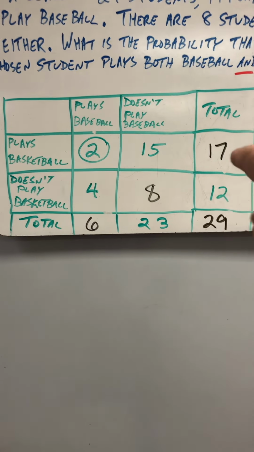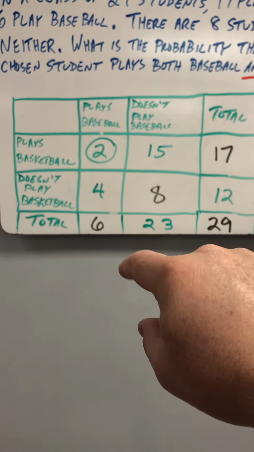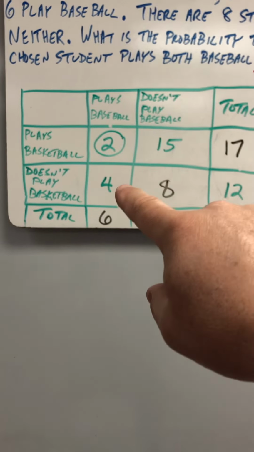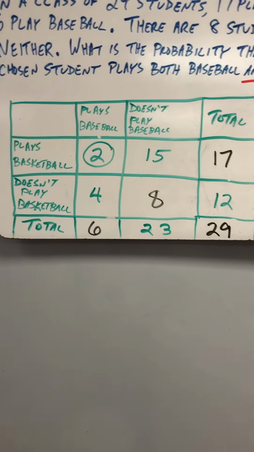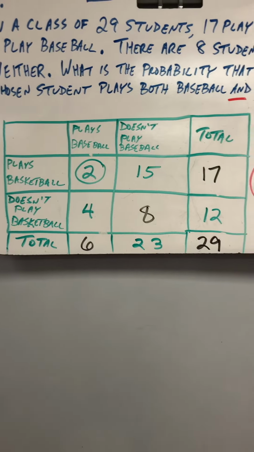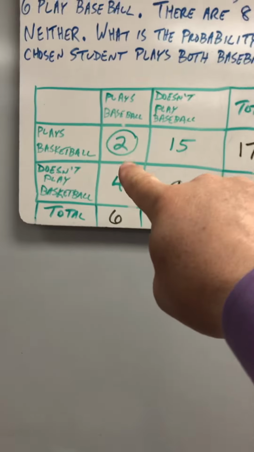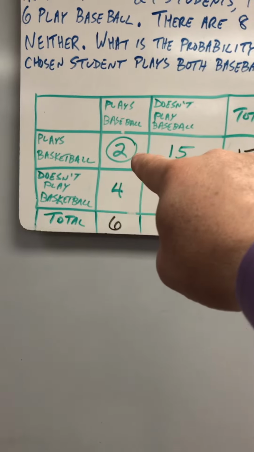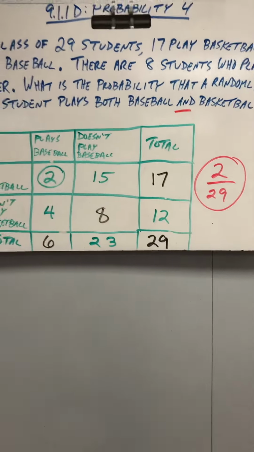And then 17 minus 15 is 2, and then 2 plus 4 makes 6. So you just fill in all the numbers. So then the question was, how many play both baseball and basketball? And that's right here. Play basketball, play baseball. 2 out of 29, and there's your answer.